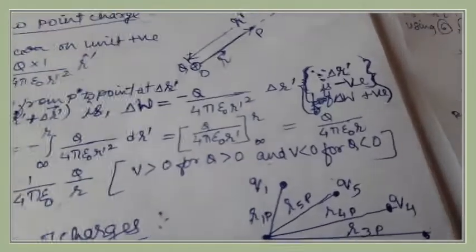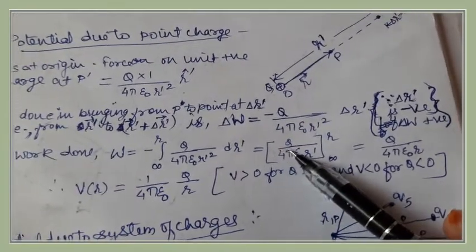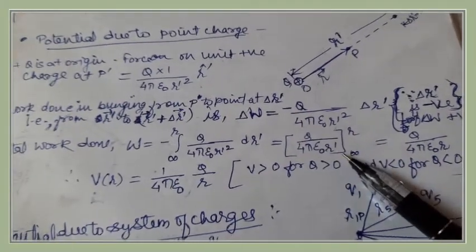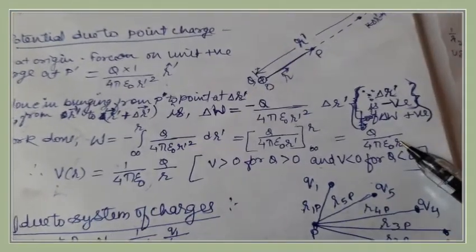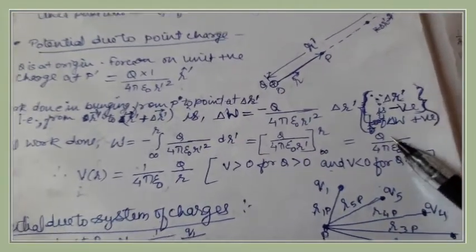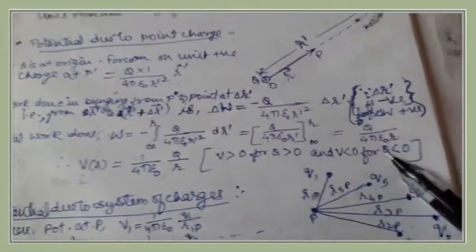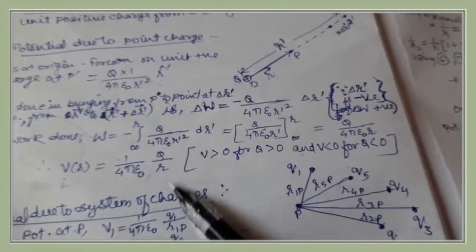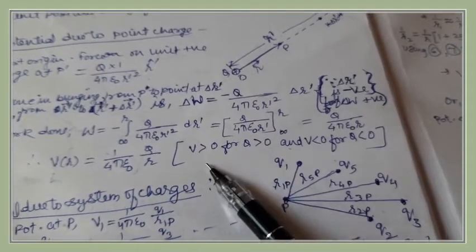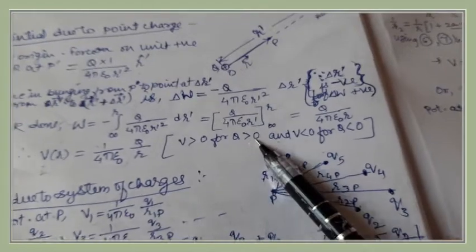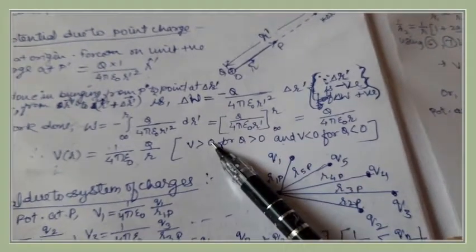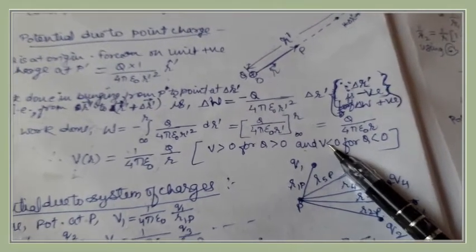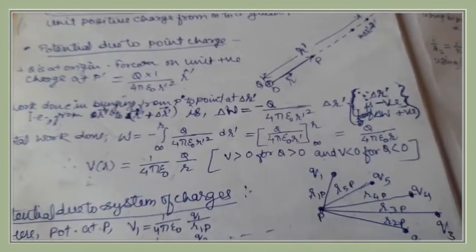On integration we obtain the expression: the minus is balanced by the integration, giving q upon 4 pi epsilon naught r dash, and we put the limits in the equation. This gives us the potential at point P, which is V equals 1 upon 4 pi epsilon naught, q by r. So V is greater than 0 for q greater than 0, meaning for a positive charge the potential is positive, and for a negative charge, q less than 0, the potential is also less than 0, that is, negative.